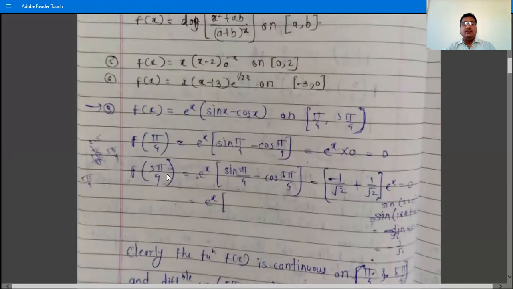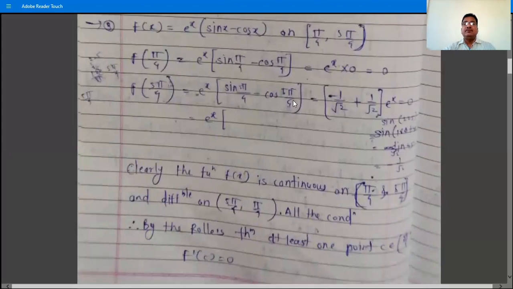Again, the value at 5 pi by 4 is e raised to 5 pi by 4 times (sin 5 pi by 4 minus cos 5 pi by 4). The value of sin 5 pi by 4 is minus 1 by root 2, and the value of cos 5 pi by 4 is again minus 1 by root 2, so minus minus becomes plus 1 by root 2, and therefore we have the answer 0.